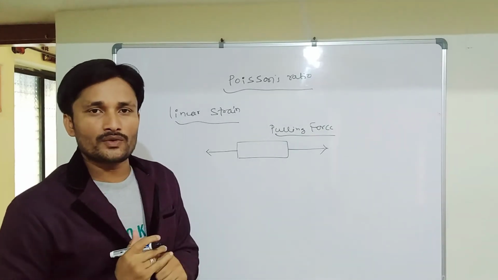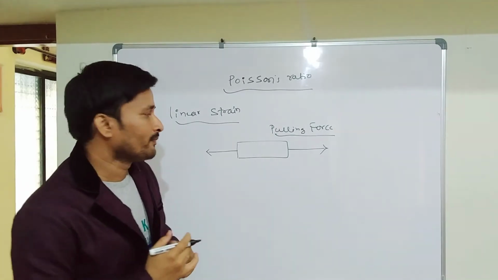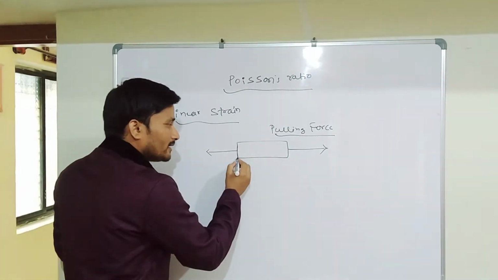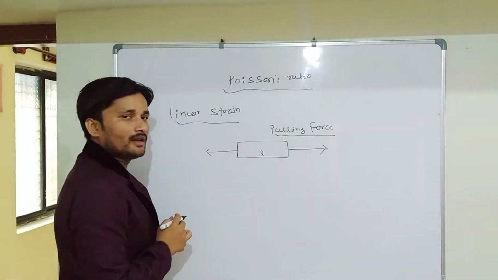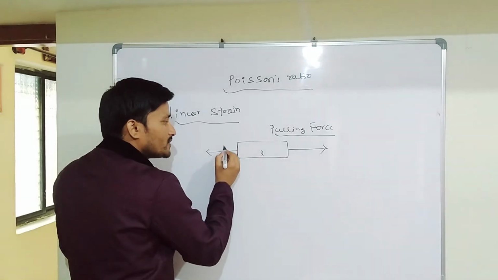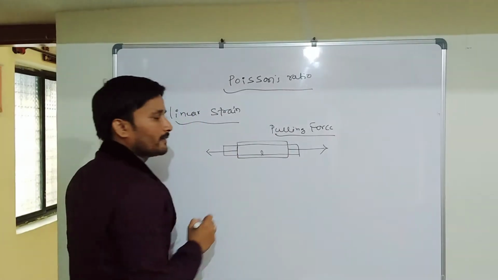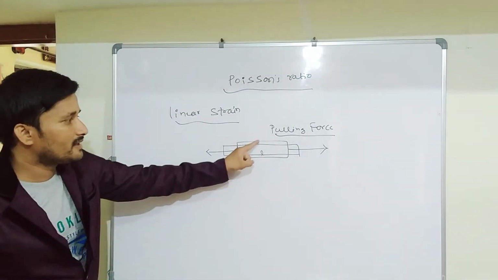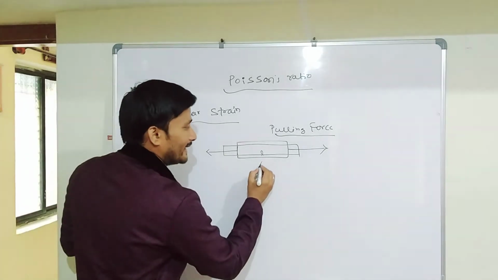Two factors are going to change. Now first we are going to talk about how the length is going to change. See, the original length of the body is L. When you pull this wire, the length of this body is going to change. Clear? Original length is L. When it extends its length, that change is called delta L.